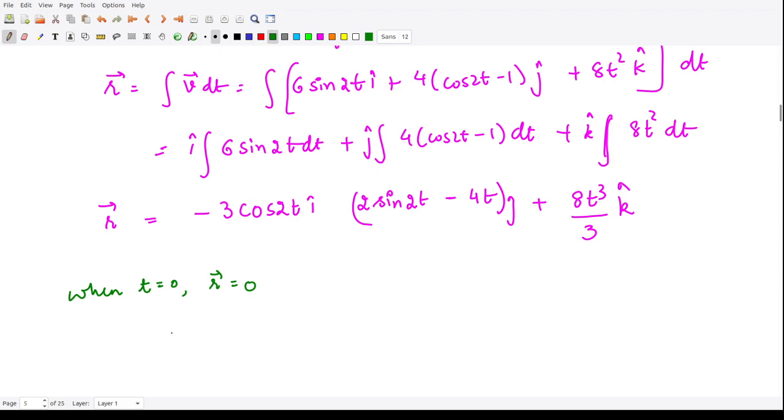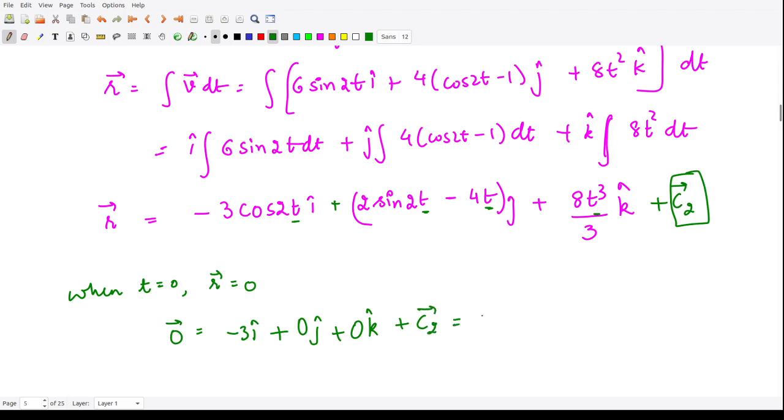So that means you have vector 0 equal to, when you substitute 0 here, minus 3 I cap, plus 0 j cap, and plus 0 k cap. And moreover, we also have the vector of constant here, that we are to calculate. So the vector C2 would be equal to 3 I cap.